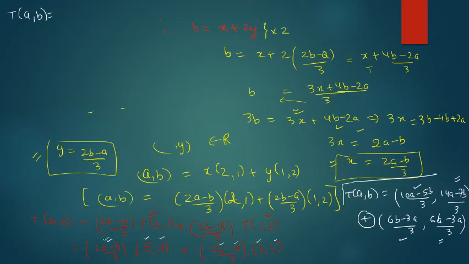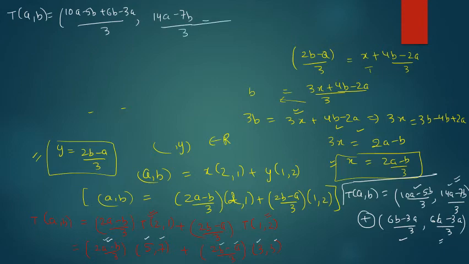So what you can write here, (10a minus 5b plus 6b minus 3a) by 3, and here what you have got is, just bear with me, (14a minus 7b) by 3 plus, 3 is same, so LCM can be taken, (6b minus 3a), correct?